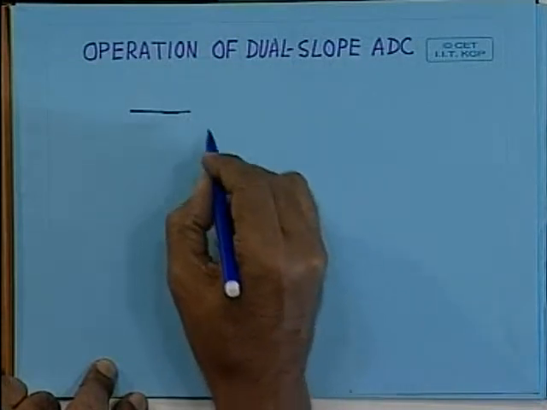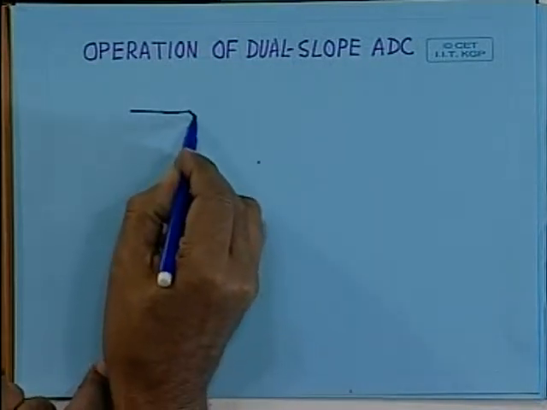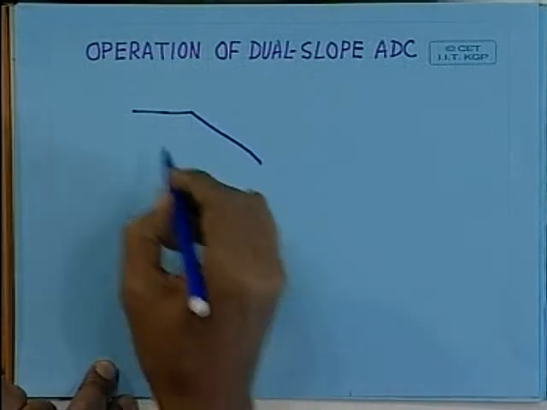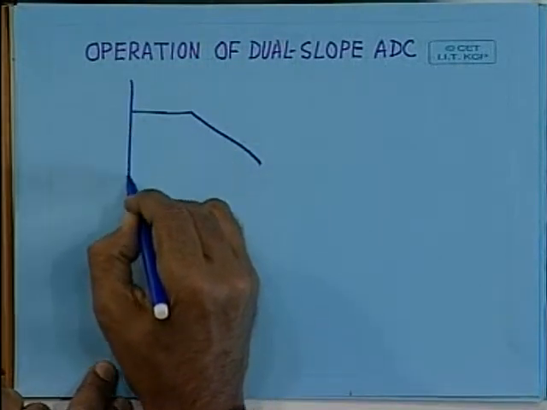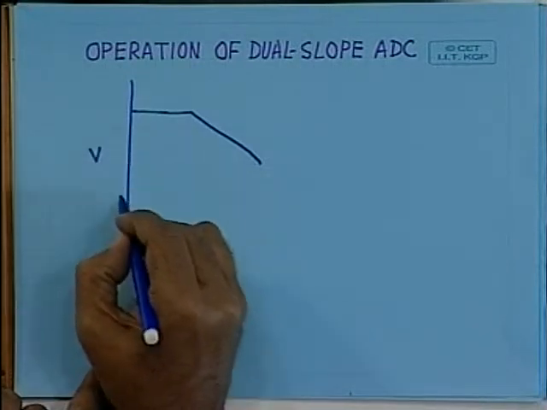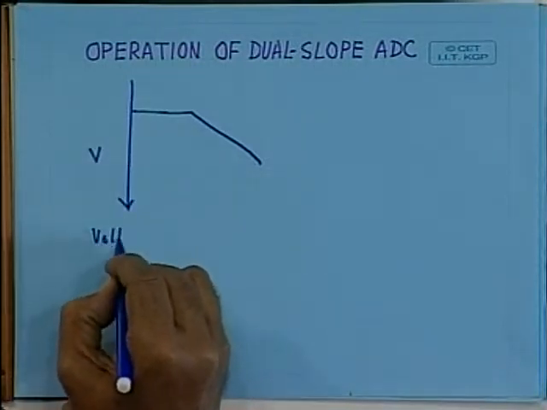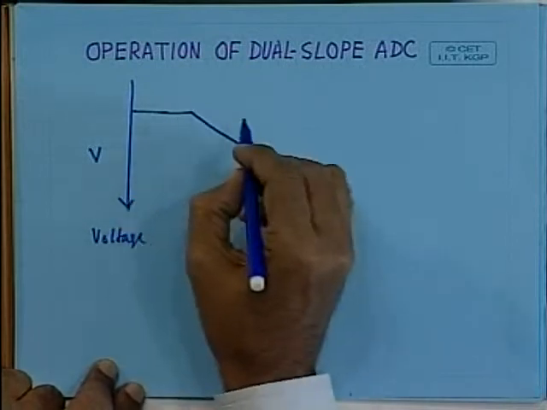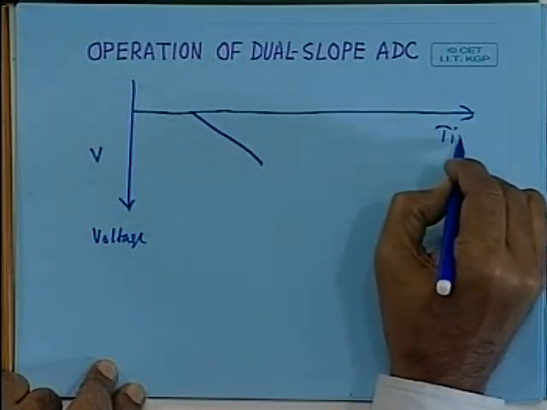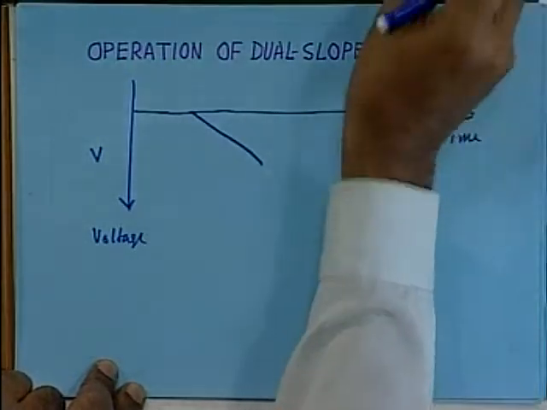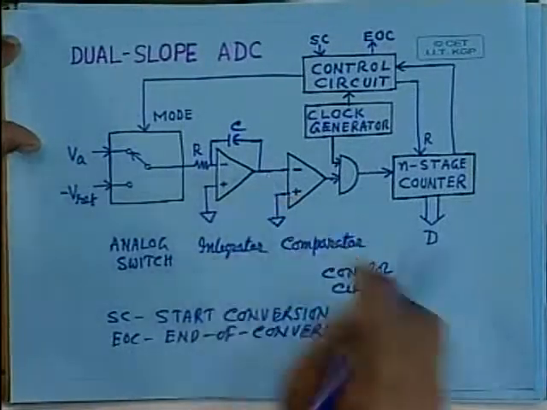So the output of the integrator will be like this, and this duration is fixed. In this direction is the voltage, and this is the direction of time. So I am plotting the output of this integrator here.